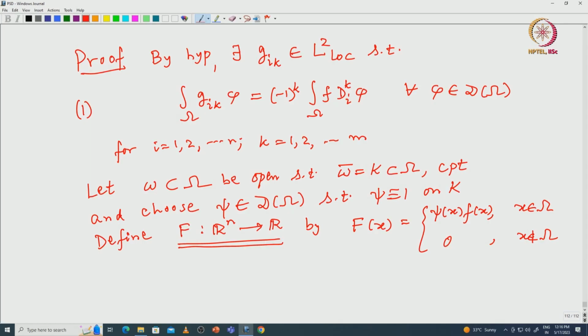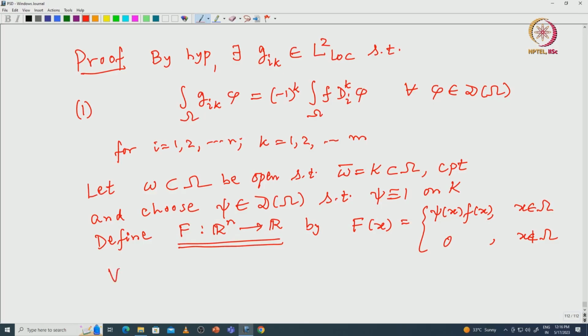Okay. So, f is in L2 loc and psi has compact support. So, that means this F is in L2 of R^n. Okay. Since F has compact support, because psi has compact support, it is also in L2. Okay.